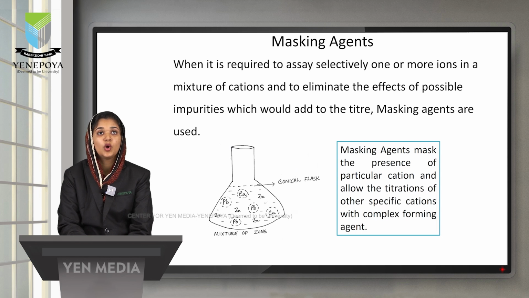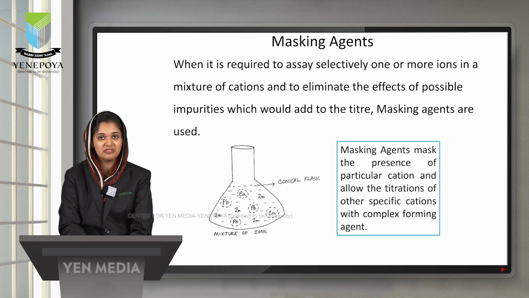Masking agents. When it is required to assay selectively one or more ions in a mixture of cations, and to eliminate the effects of possible impurities which would add into the titer, masking agents are used. Masking agents mask the presence of a particular cation and allow the titration of the specific cations with the complex forming agent.